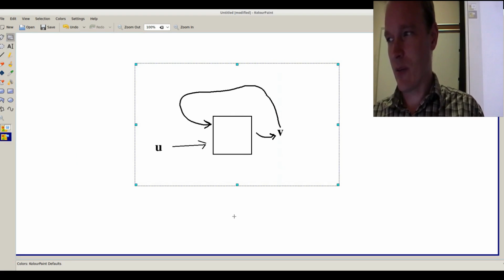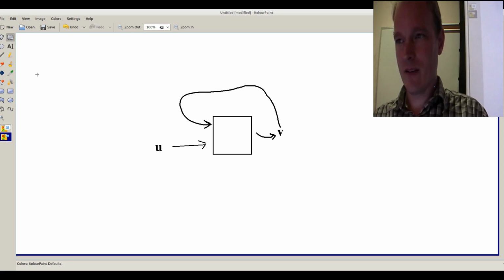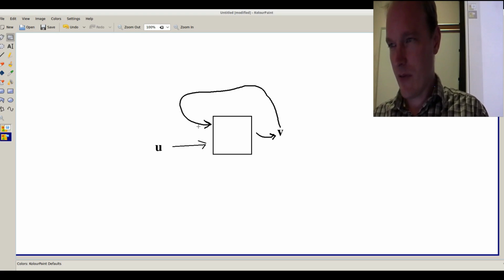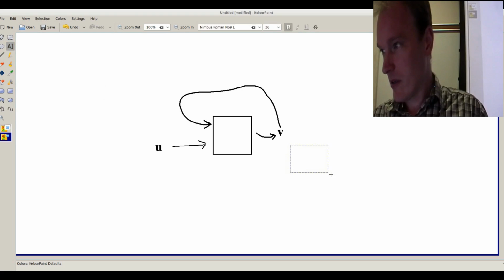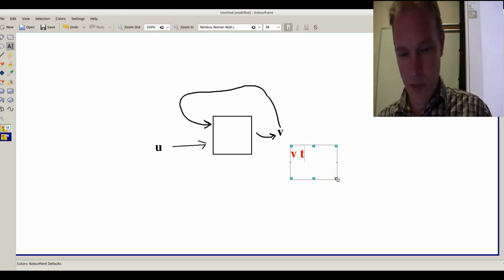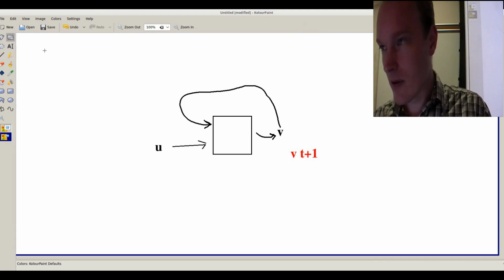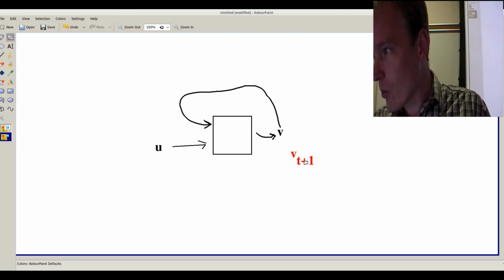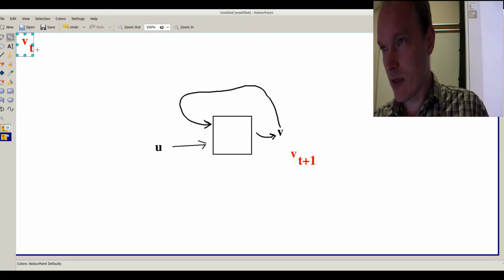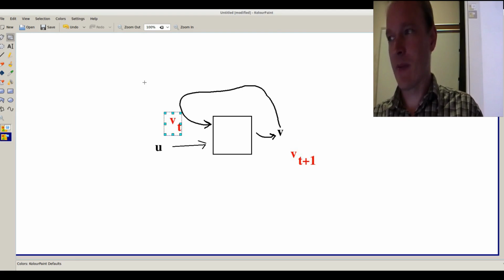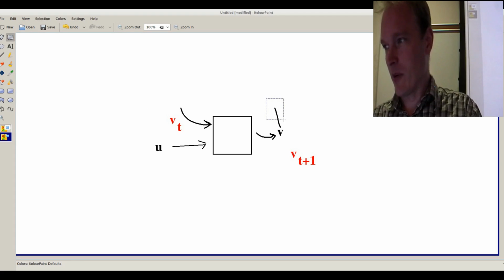Now we just got to train this model. Well, do you see how if I just call this one V sub t plus 1, and I just call this V sub t, I could pretend there's no relationship between them at all.